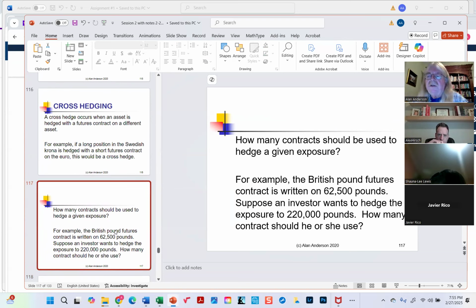If that's not the amount of money you want to hedge, then you've got to figure out how many contracts you should use. Maybe you should use more, maybe you should use less. So it turns out there are statistical tools we can use to figure out how many contracts we should buy or sell to properly hedge our risk and minimize the amount of risk that's left over. Okay, so this complicates everything: the fact that we can't customize the number of pounds that we can hedge with a futures contract.